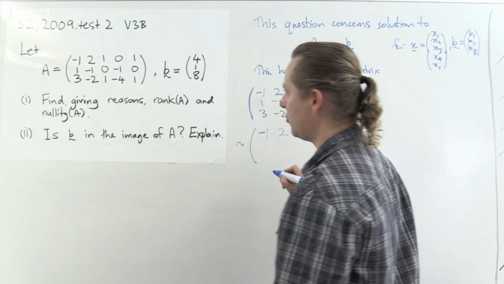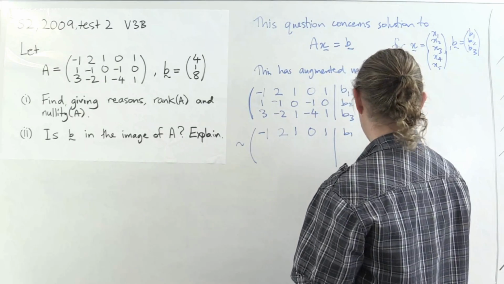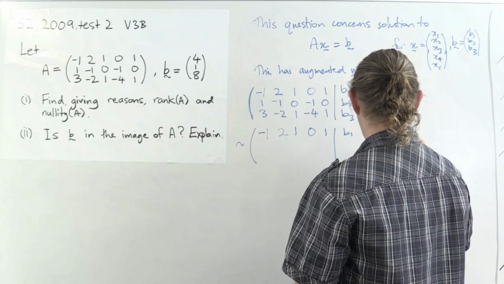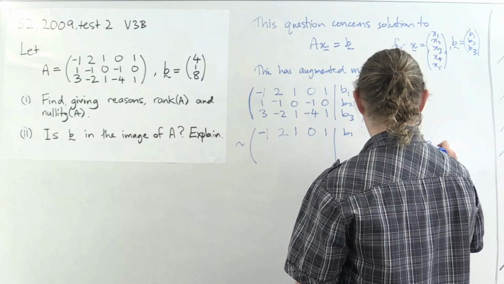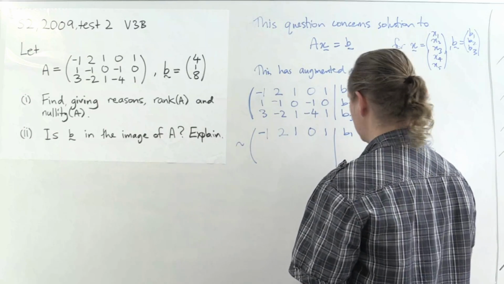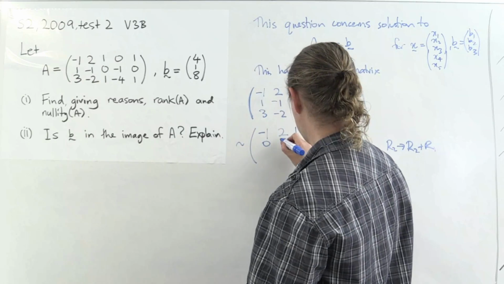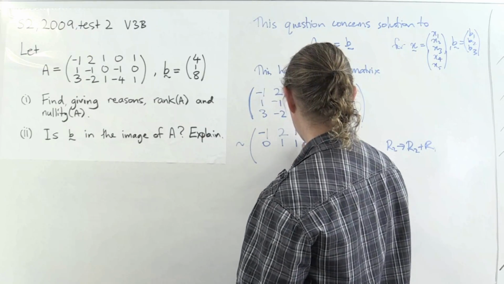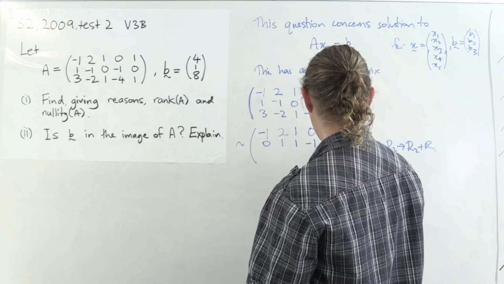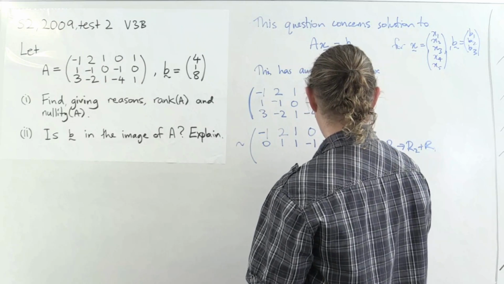Okay, so for row 2, I'm going to do row 2 goes to row 2 plus row 1. That's 0, 1, 1, minus 1, 1, b2 plus b1.